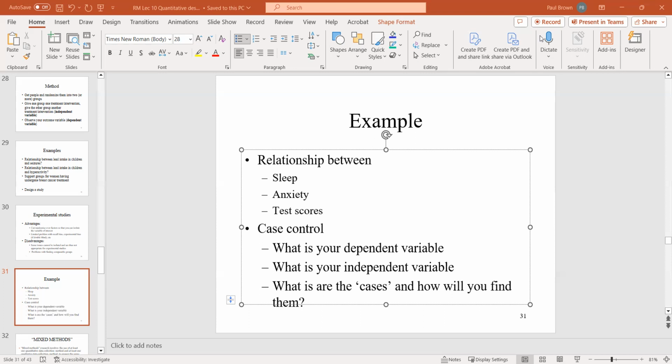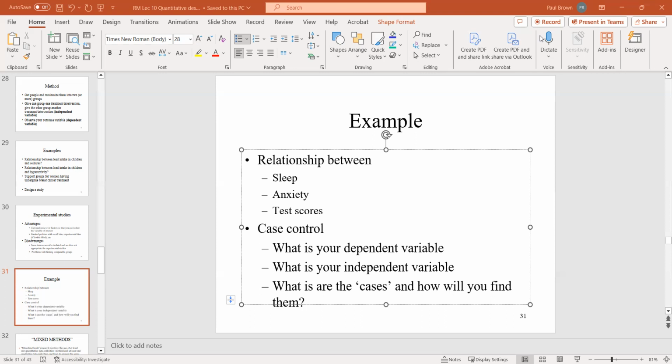What's the outcome that you care about? That's your dependent variable. So you want to pick out people based upon the cases. So what's the case? What's the level of academic performance that you're going to identify as your cases?